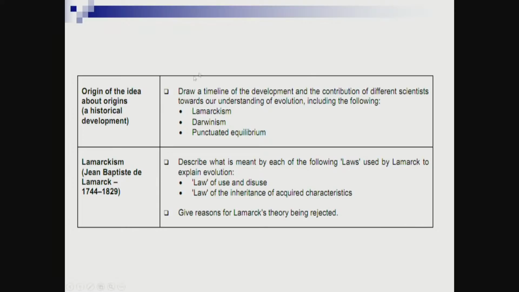They just use other examples that you must use to apply your knowledge of Darwinism and your knowledge of Lamarckism to that example, but we will come to that in a moment. But also, please make sure that the learners can spell Lamarckism and Darwinism and punctuated equilibrium, because many times it's asked as: give the biological term for that.